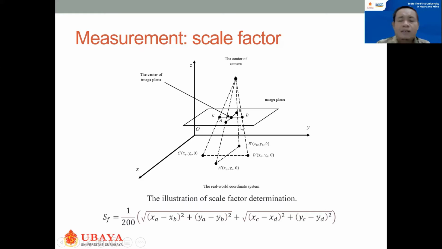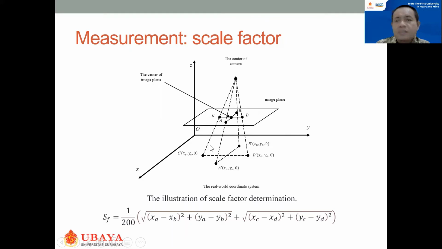After that, by using the intrinsic and extrinsic parameters of the camera obtained during the camera calibration process, we reproject points A, B, C, D to the real world coordinate, to the XY plane, or the Z equals 0 plane, in the real world coordinate.